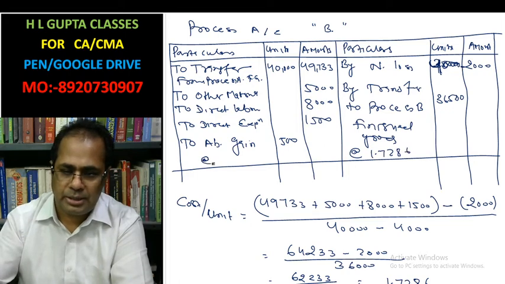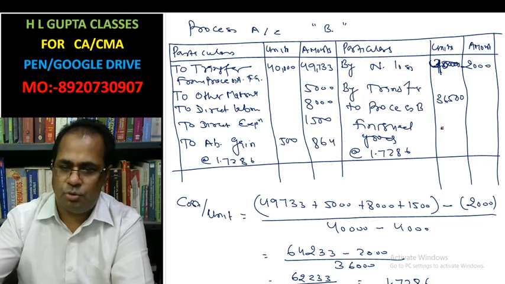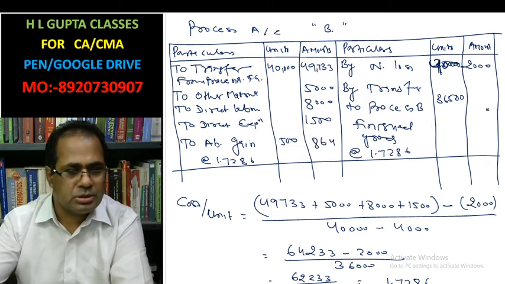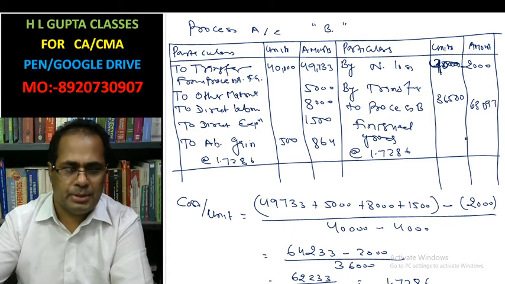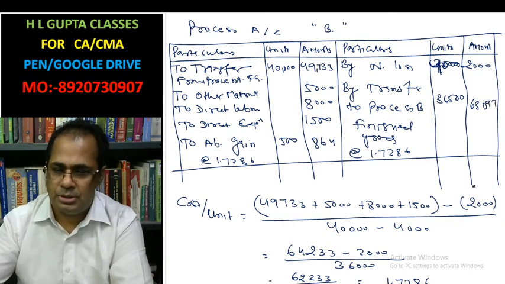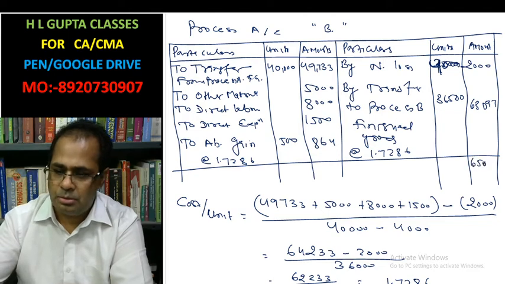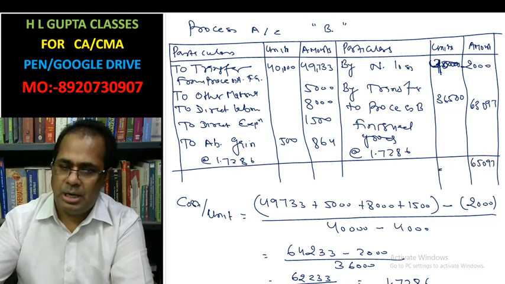So here you write at the rate of 1.7286, and this is 864, and the cost is 63,097, ultimately 65,097.